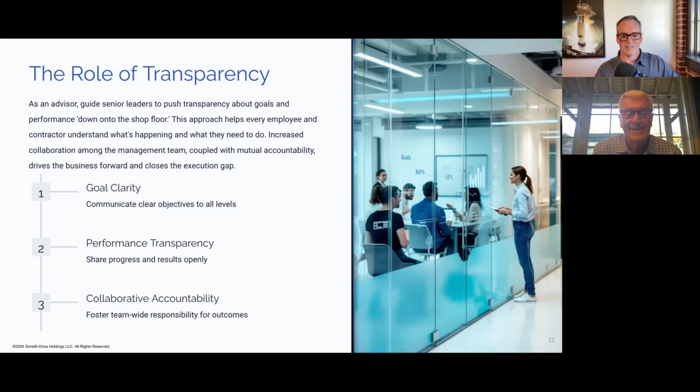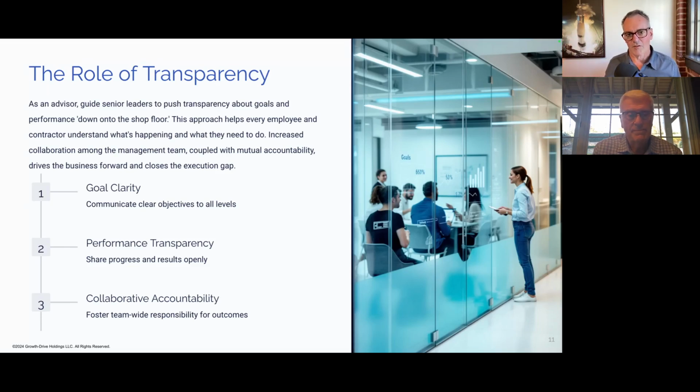And that brings us to collaborative accountability. And I always try to use those two words together. How do we foster team-wide responsibility for outcomes? And remember, I talked about this in People Productive and Loyal. I need to do 7 a day. My team needs to do 35 a day. But how does this build up to corporate success?